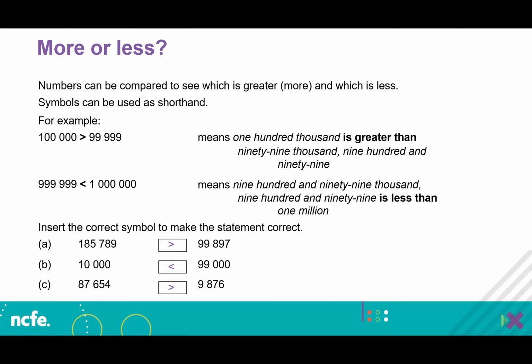Insert the correct symbol to make the statement correct. So we know that 185,789 is greater than 99,879. We know that 10,000 is less than 99,000. And we know that 87,654 is greater than 9,876.